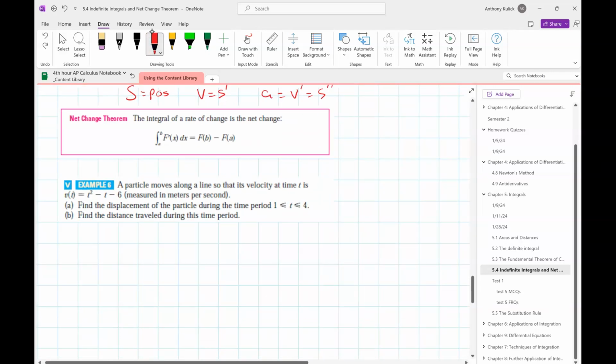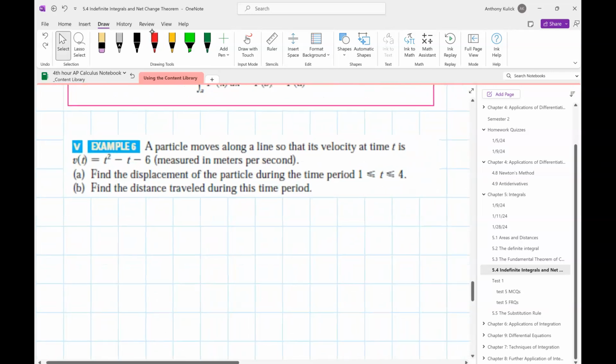So let's look at an example here. It says a particle moves along a line so that its velocity at time t is v of t equals t squared minus t minus 6, where velocity is measured in meters per second. Part A says find the displacement of the particle during the time period from 1 to 4. And then part B says find the distance traveled during that time period.